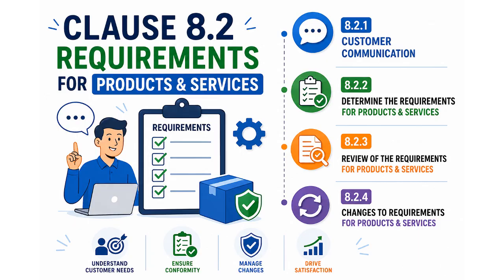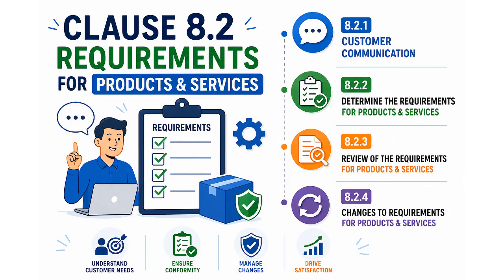This clause focuses on the review of requirements of product and services before an organization commits to supply them to the customer. The organization must verify its ability to meet customer requirements, including delivery commitments, post-delivery activities, statutory obligations and internal organizational requirements. This review also includes identifying unstated but essential requirements necessary for the intended use of the product and services.